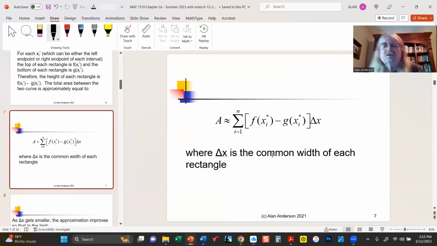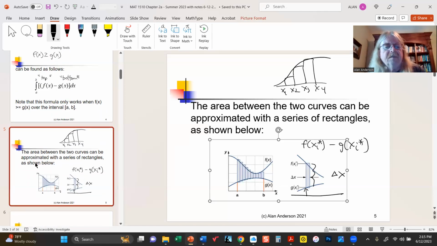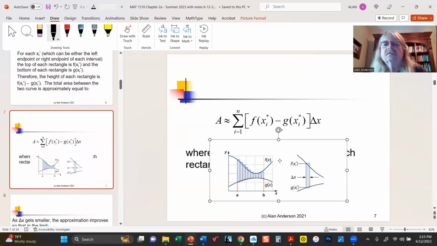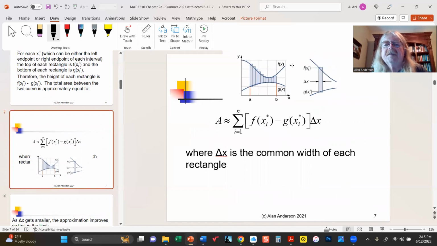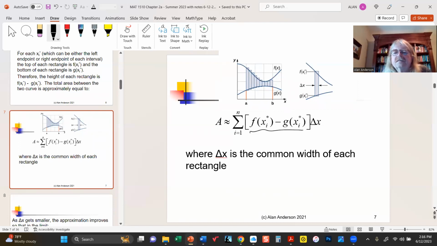And by the way, this is what we're seeing there. This says that the area of interest is approximately equal to the sum of all these rectangles, okay? This is the height of each rectangle.